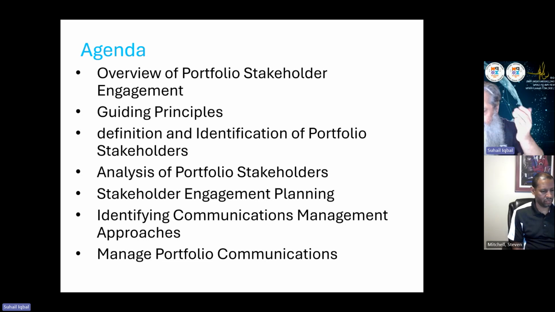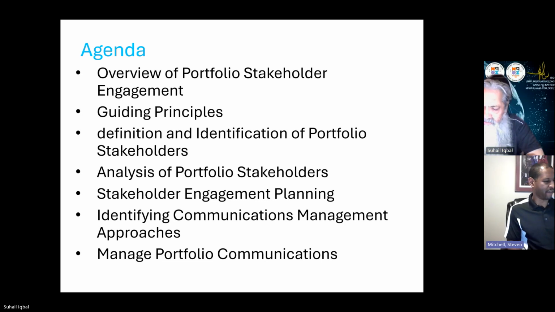So you can consider that stakeholder engagement and communication management in portfolio is encapsulated in this one domain. Identifying the communication management approaches and then managing portfolio communication. So in a way, the last two are communication. These three are about the stakeholder, and that's about all.